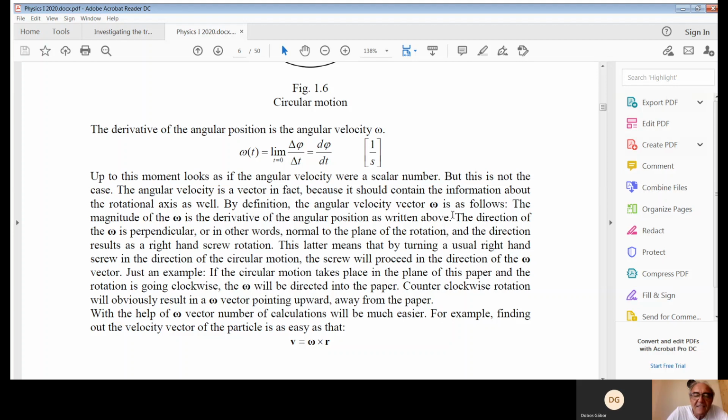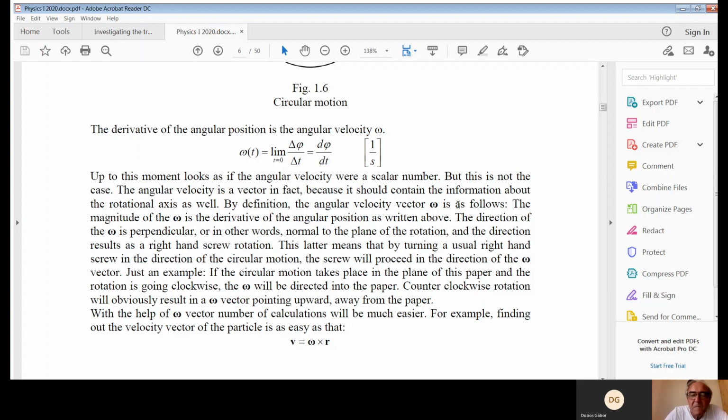Everybody has the feeling in the hand that if we want to put a screw into wood or into a wall, we have to turn it clockwise. So if you make a clockwise rotation, it goes into the wall, so ahead. If it is turning counterclockwise, it is coming backward.